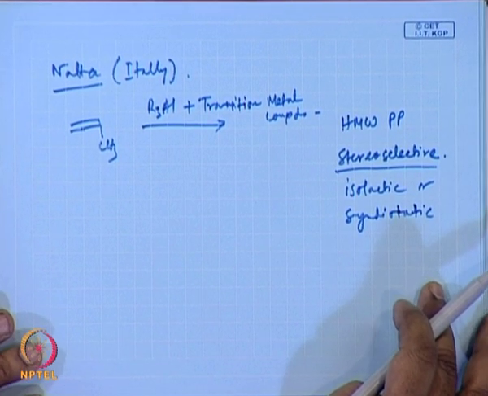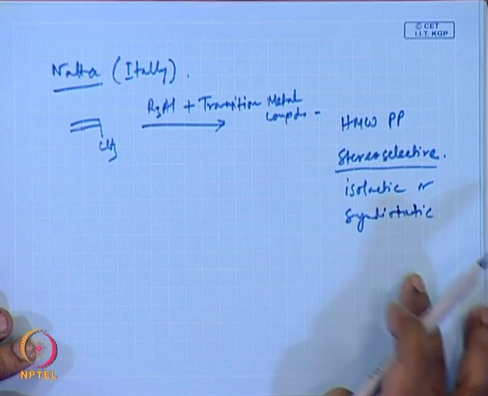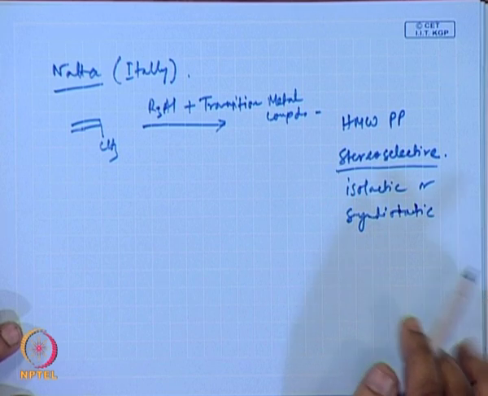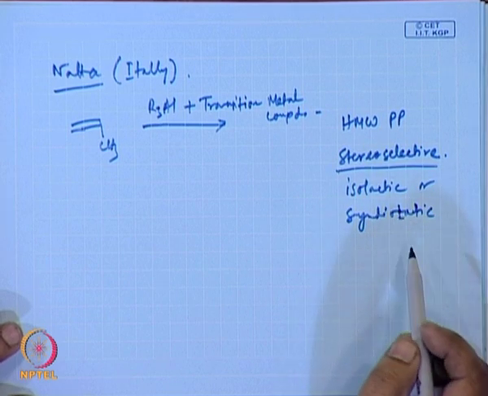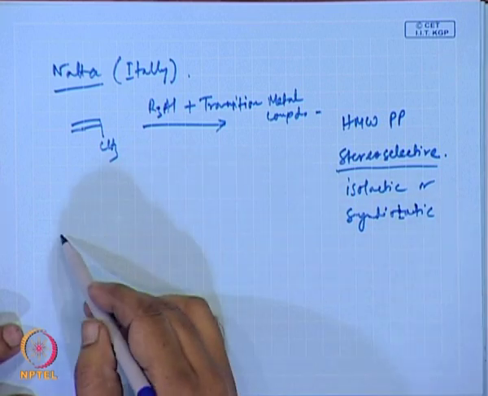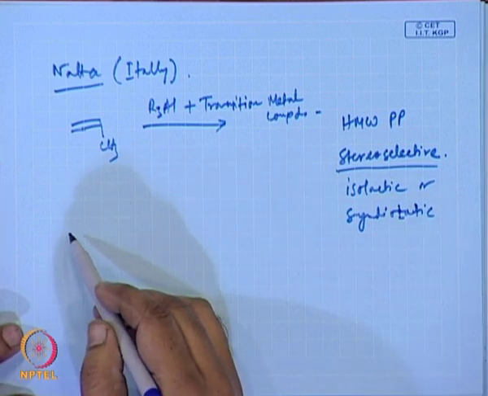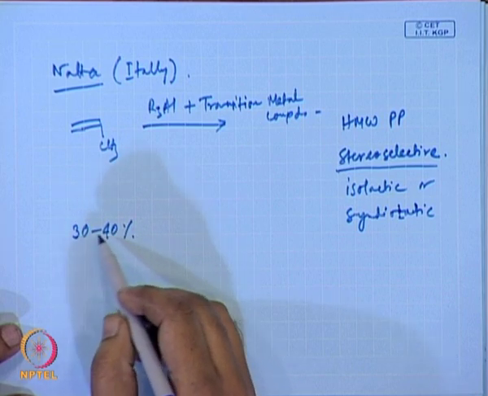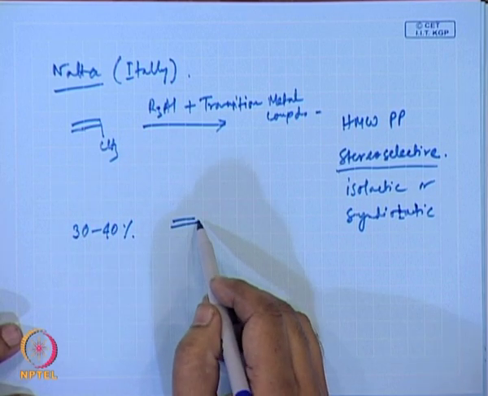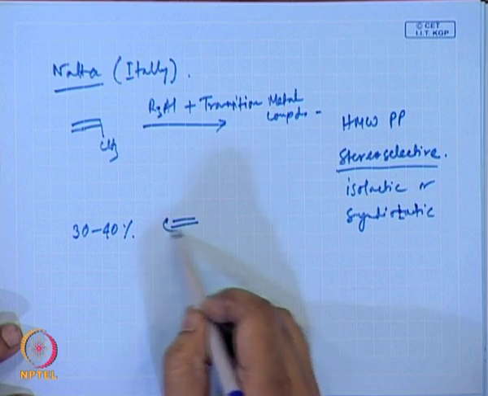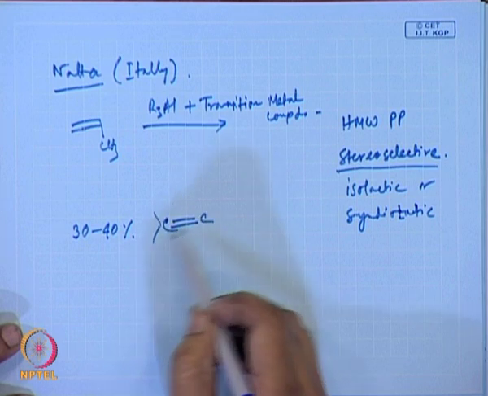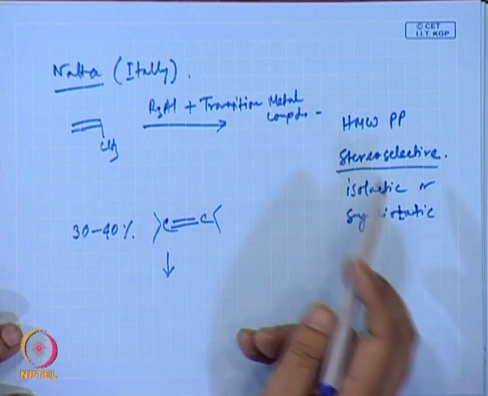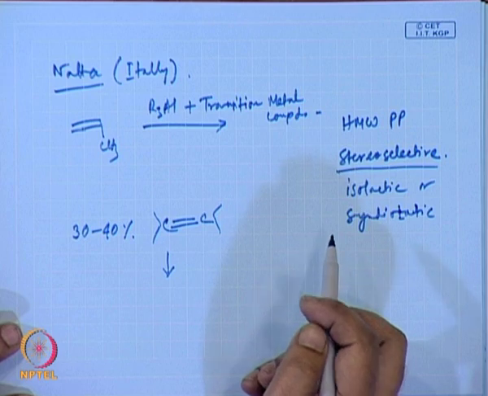Now, these two discoveries had a tremendous effect in polymer science. Even nowadays, more than 30 to 40% of the polymers which are made from carbon-carbon double bonds are synthesized by this coordination polymerization technique.